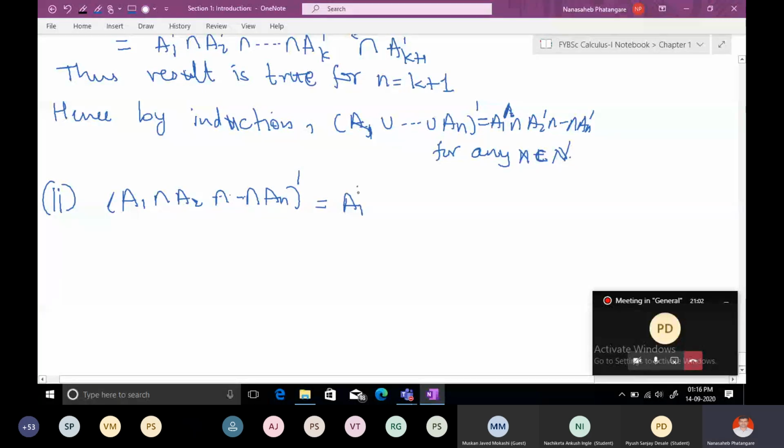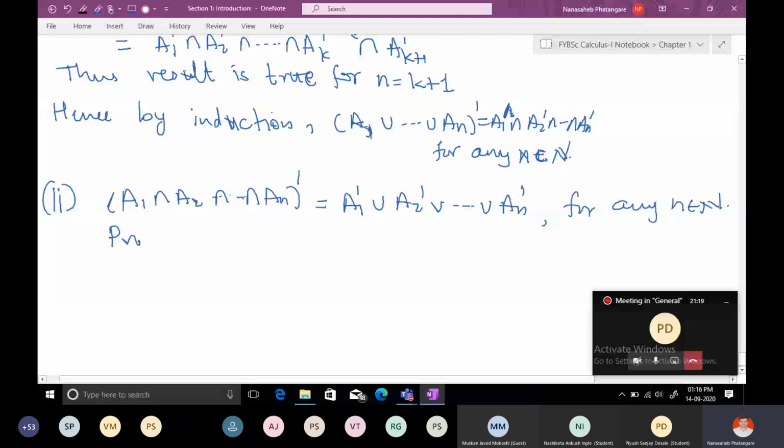Suppose now you have n sets. So prove this. This is similar to the previous case. This is an exercise or homework, you can say. So you try to write down the proof of this.